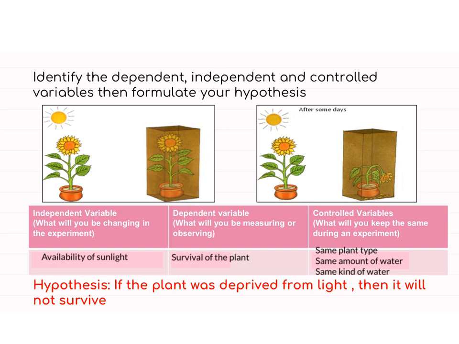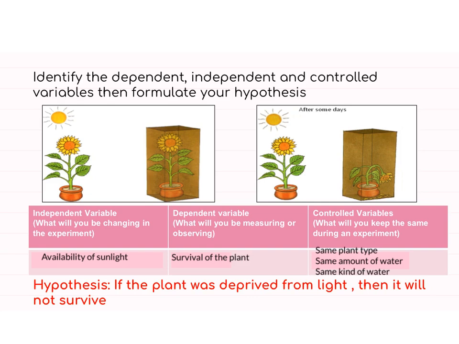After some days, we noticed that one of the plants was surviving normally, the one that was directly exposed to the sunlight, while the one that was deprived from the sunlight is not surviving anymore. So, what is the independent variable in this case, or what we were changing? It's the availability of sunlight, because one of them was directly exposed to the sunlight while the other was not.